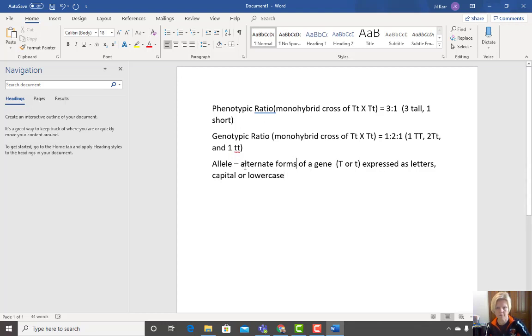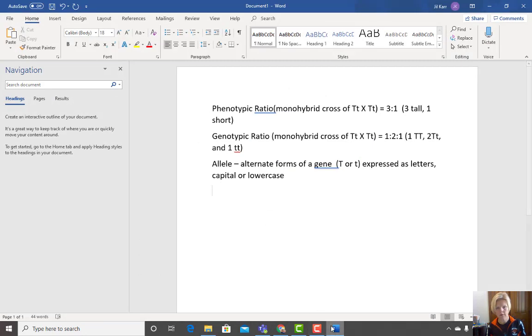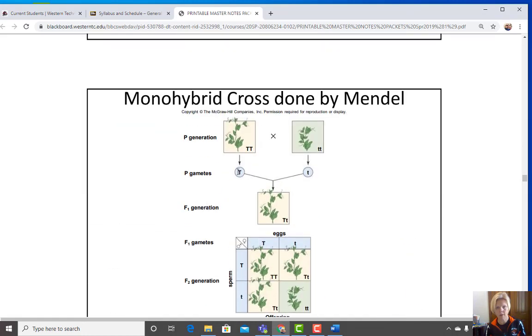Going back then, we know that these factors separate by meiosis during gamete formation, and each gamete has only one allele. We saw that when we looked at this. This parent only produced one allele in its gametes. Again, sperm or egg, there's only one allele present. They come together by fertilization and form an offspring.